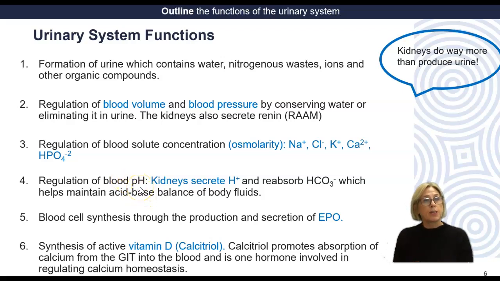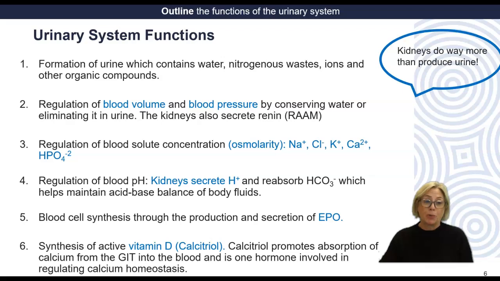If you're in a situation where your blood pH decreases slightly, so it becomes acidic, your kidneys have the ability to secrete those excess hydrogen ions into that forming urine and excrete it. Pretty amazing, right? But they also have the ability to reabsorb this bicarbonate from that forming urine, which then can buffer those free hydrogen ions in the plasma. And all of this will help to maintain acid-base balance of body fluids.